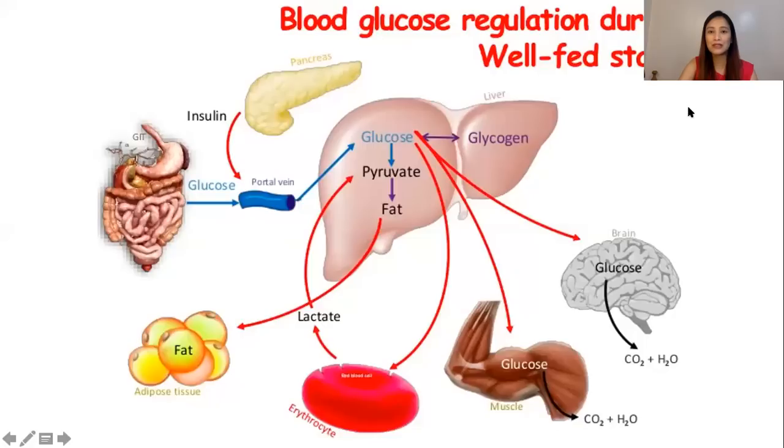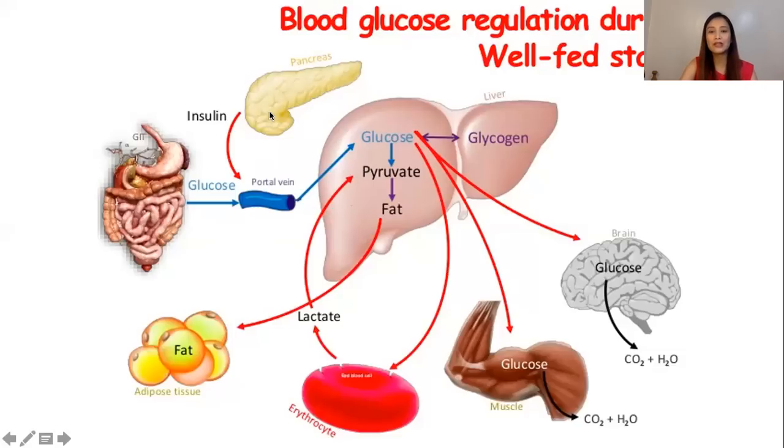So what happens in your blood in the well-fed state? Say after you eat a cheeseburger. After you eat a cheeseburger, the glucose from your food is transported into your portal vein and goes into your liver. It is also sensed by your pancreas, and your pancreas will now release insulin.